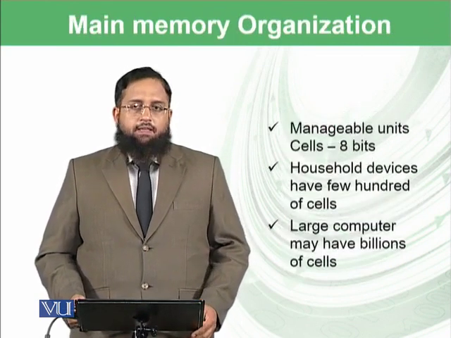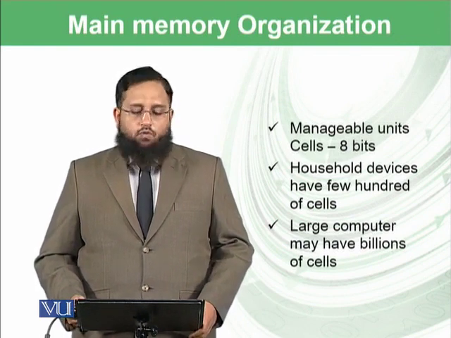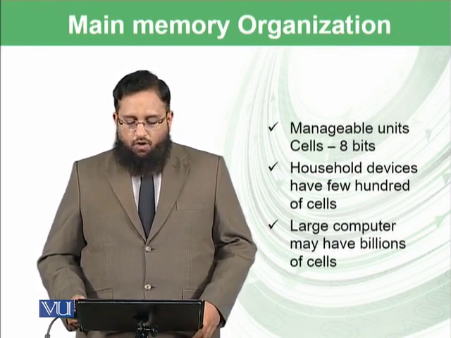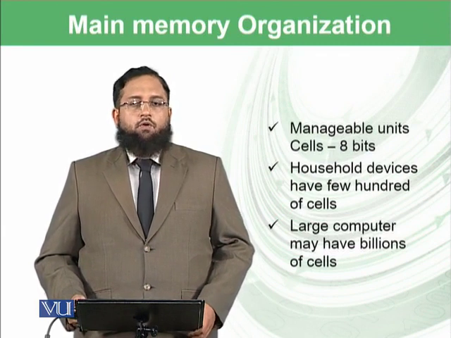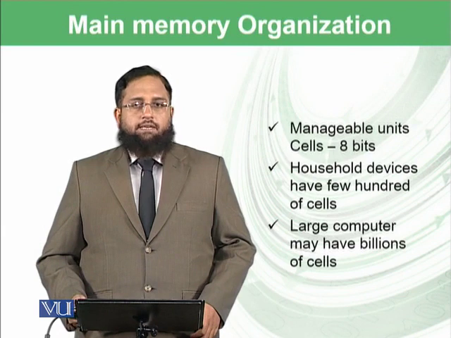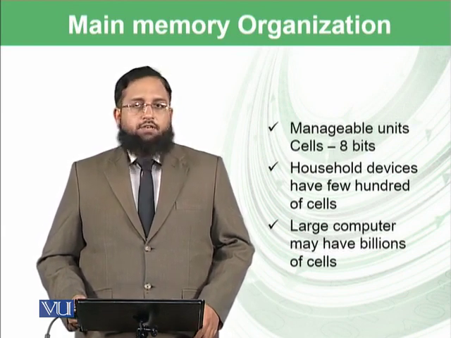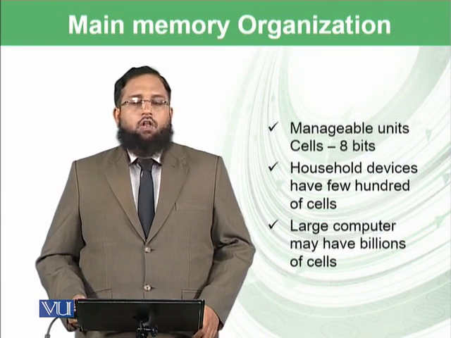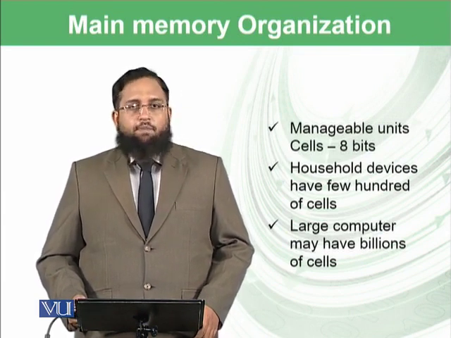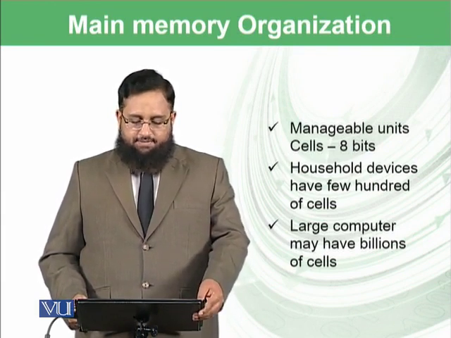Main memory is organized in small cells and each cell is of 8 bits. Household devices like a microwave oven at your home, or other small devices which store some data, may have a few hundred cells. However, large computers might have billions of cells inside their main memories.